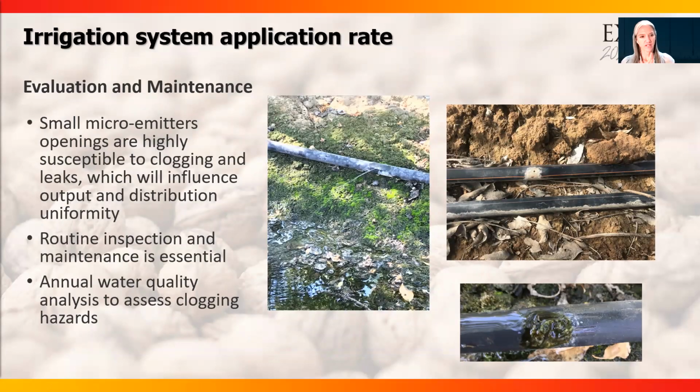So although irrigation systems are highly efficient, these small micro emitter openings are highly susceptible to clogging and leaks, which will influence your output and distribution uniformity. So your systems require routine inspection and maintenance to function properly. We recommend annual water quality analysis to assess potential clogging hazards to these systems.